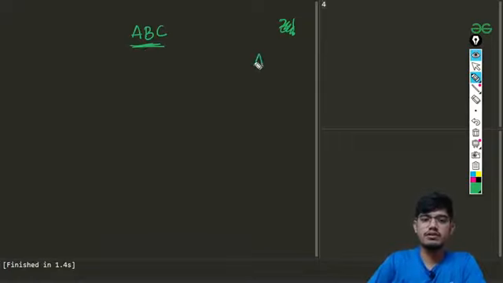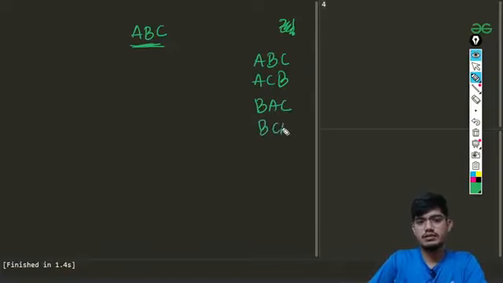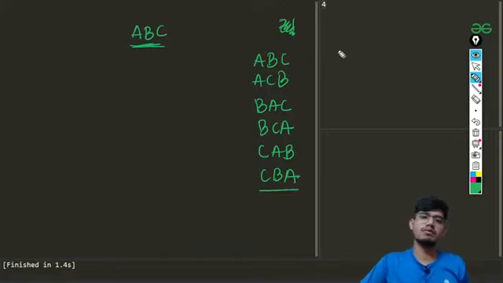So first we'll have ABC, then we'll have ACB, then BAC, BCA, then CAB, and CBA. The total will be 3 factorial, which equals 6.